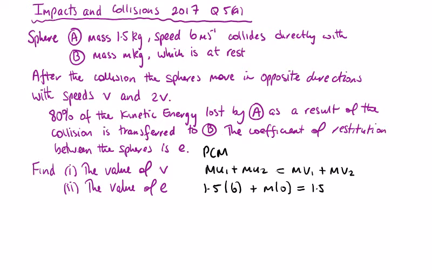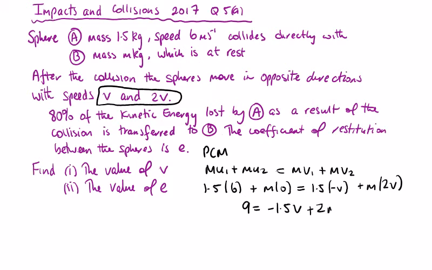So the 1.5 must go back, it's minus v, and plus m times 2v. So we get 9 is equal to minus 1.5v plus 2mv.